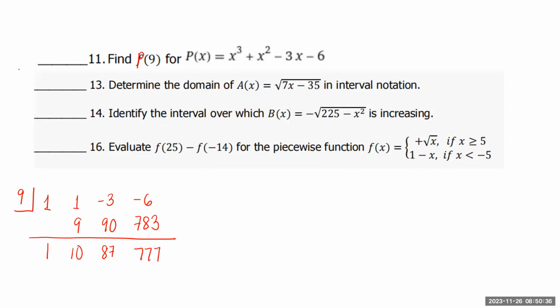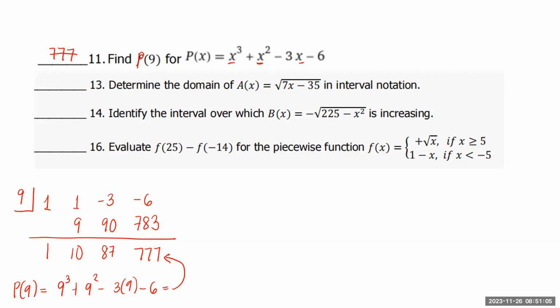So our P of 9 is 777. If you do not want this method, then you could use substitution. For P of 9, just substitute the x here with 9. So we have 9 cubed plus 9 squared minus 3 times 9 minus 6. So this should also give you 777.